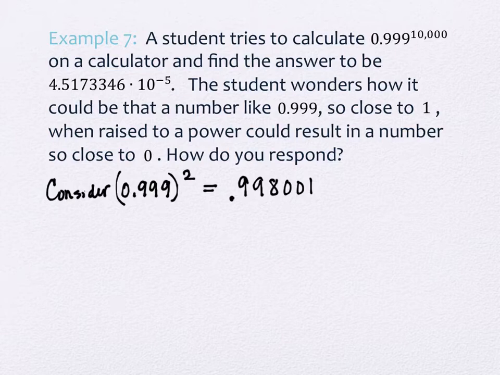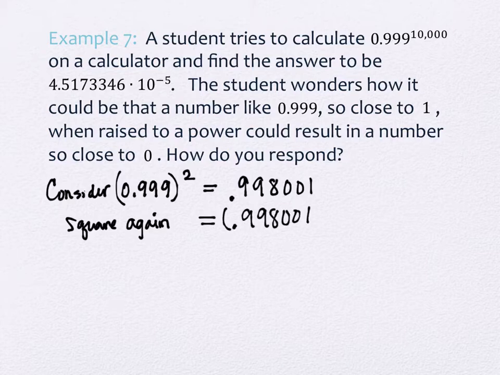And what we're going to do is we're going to square it again. So I don't mean that we're going to take the 0.999 and write it out that way. We're actually going to take this digit, the 0.998001, and we're going to square it. Okay? So we're going to square the numbers, and we're going to keep doing this squaring process each time.